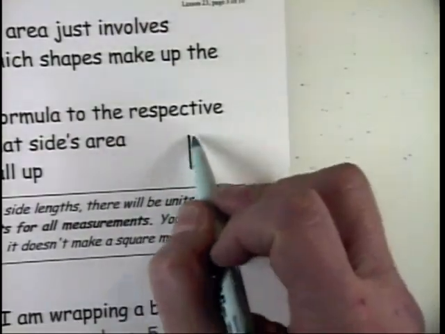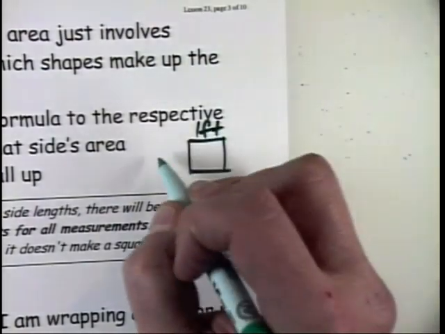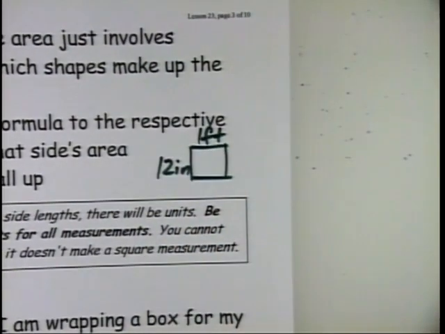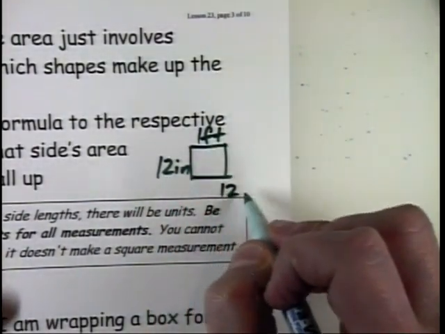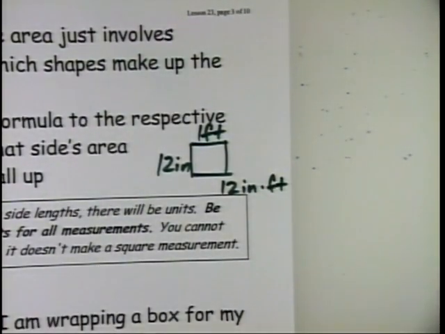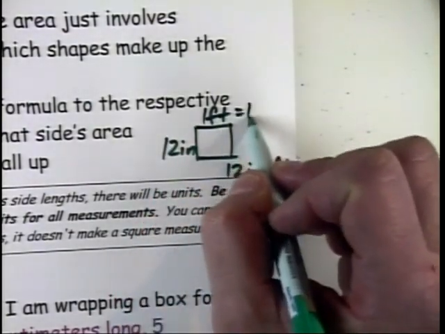So talking about that floor tile from earlier, if I have 1 foot and 12 inches right here, let's call that a square because 1 foot and 12 inches are the same. We would not say that the area is 12 times 1 or 12, because if you look at the units, it's inches times feet. That's not a square unit. What we need to do is call them both 1 foot or both 12 inches.